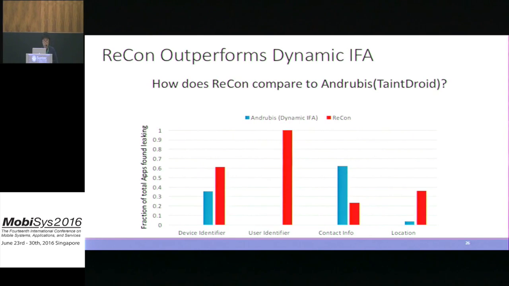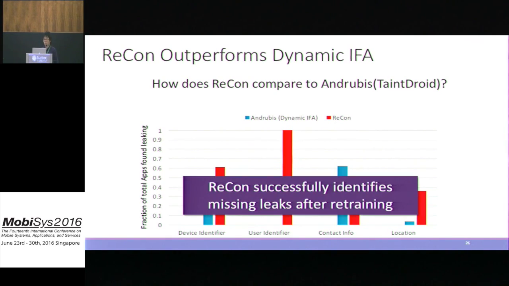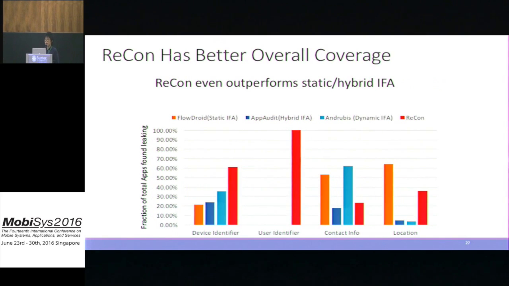But here's the cool thing: as Jubis provides us labeled network traffic, we can use it to retrain our classifiers. And we did that. We find that ReCon successfully identified all the leaks that are found by Jubis. The key point here is that ReCon is not an either-or approach. Instead, it learns from the best of other approaches, as long as they can provide us labeled network traffic.